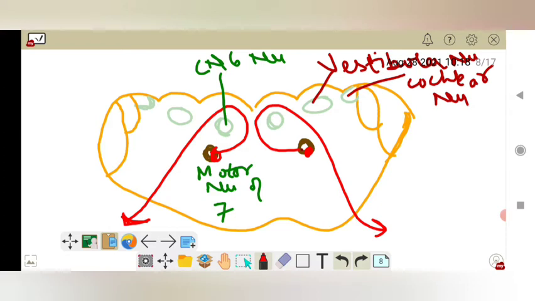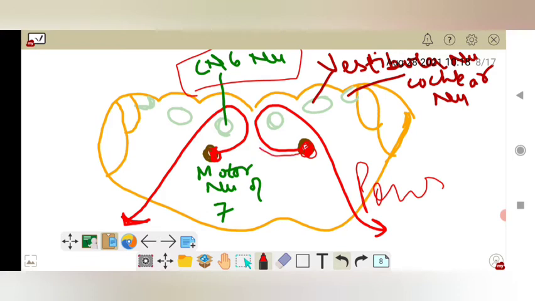If we see a cross section at the level of the facial colliculus, this is pons and this is cranial nerve 6 nucleus. This is the motor nucleus of facial nerve, and fibers arise from the motor nucleus and form an arch around the cranial nerve 6 nucleus and emerge out at the pontomedullary junction on the ventral surface.